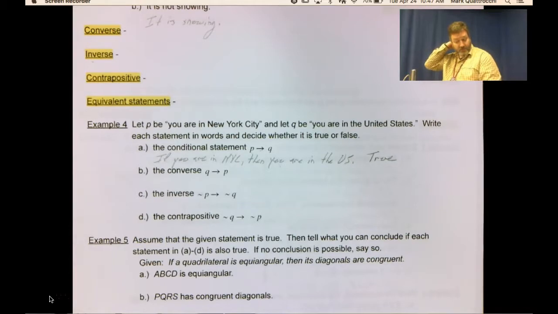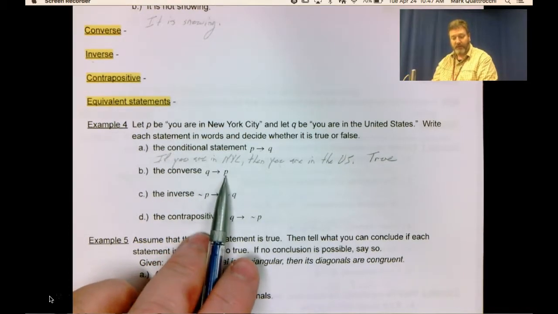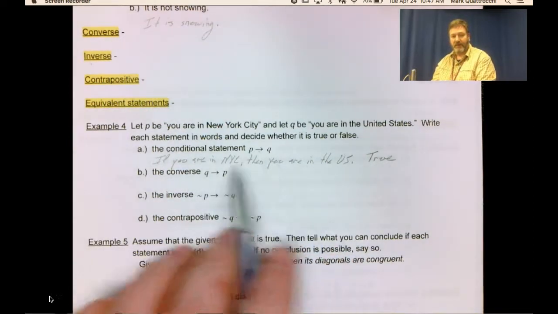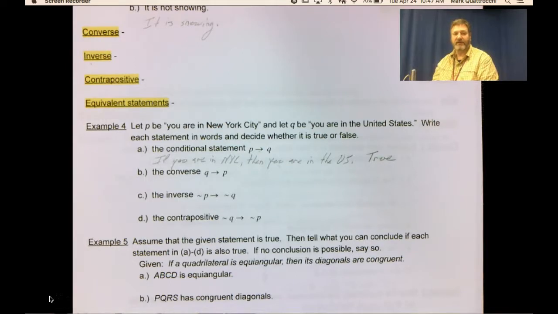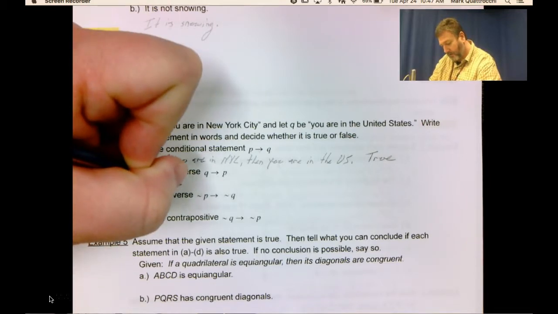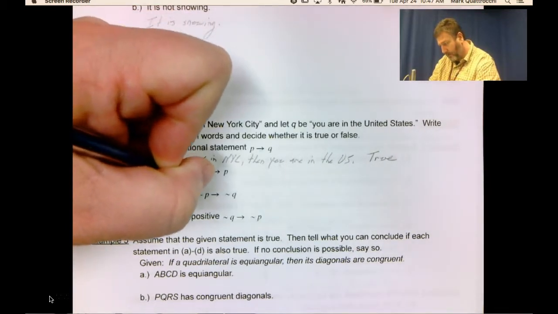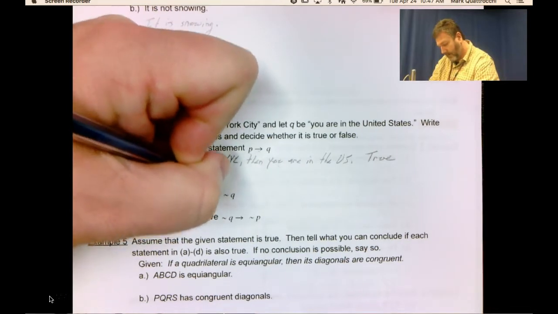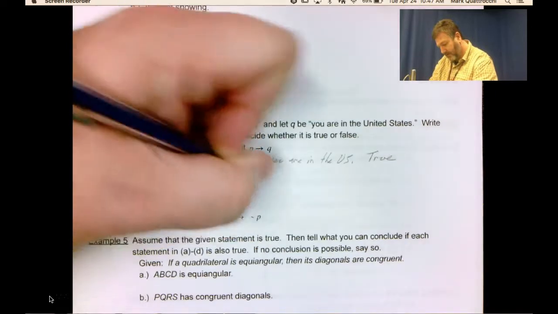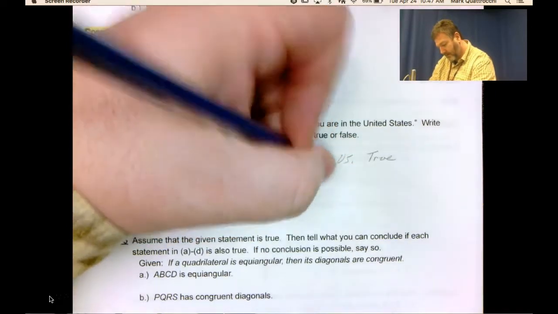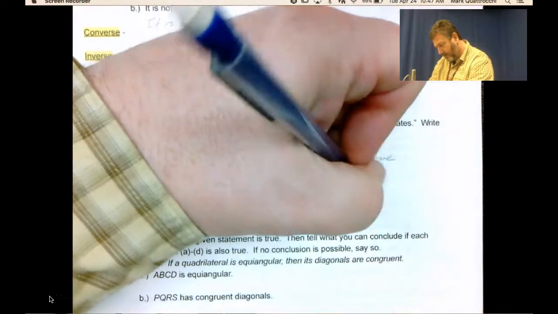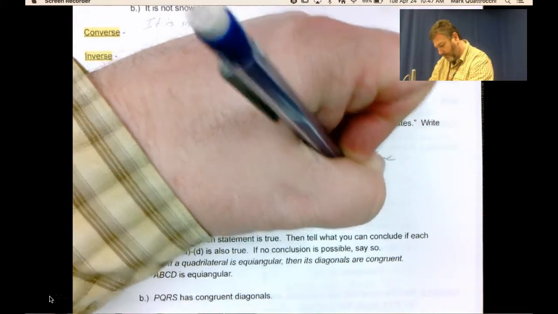Okay. Converse. Q implies P. So the definition of the converse statement, which you wrote up above, is that you switch the hypothesis and conclusion of the conditional statement. So, if you are in the United States, then you are in New York City.